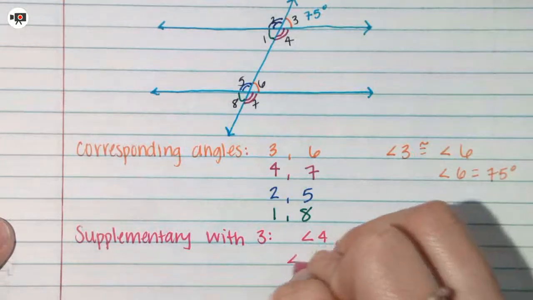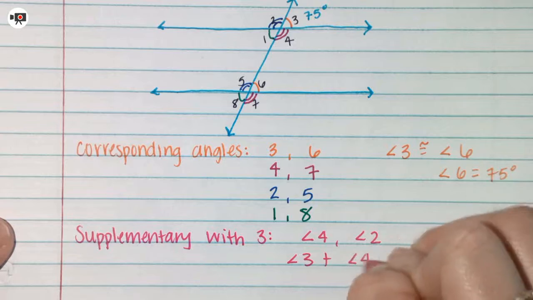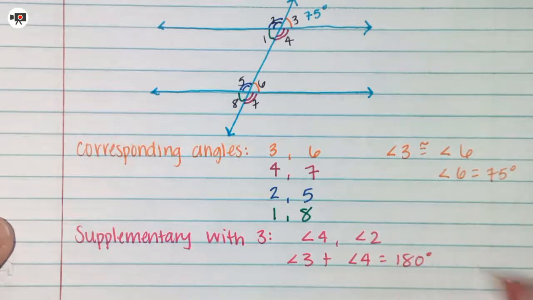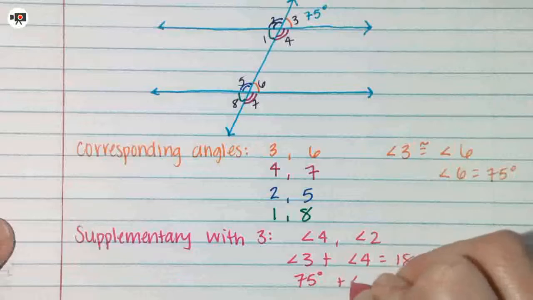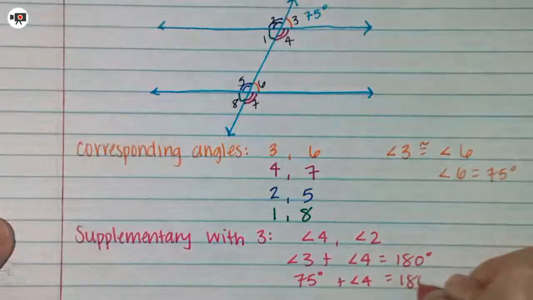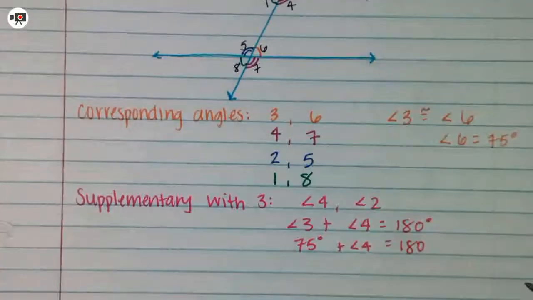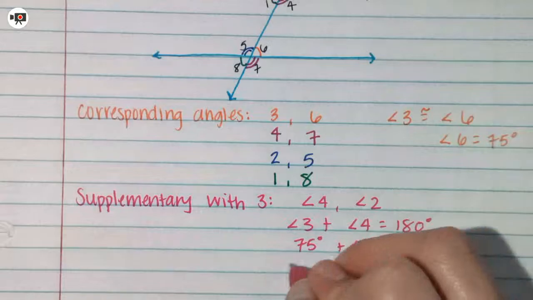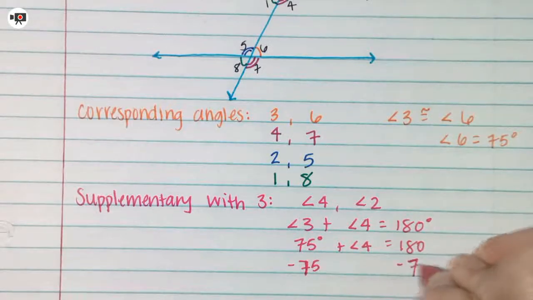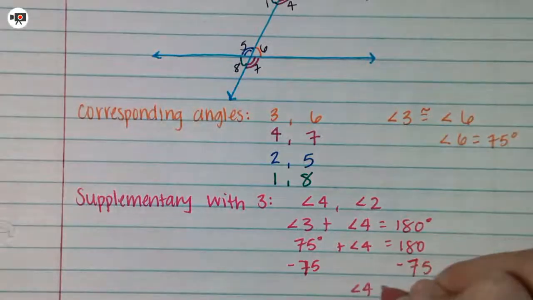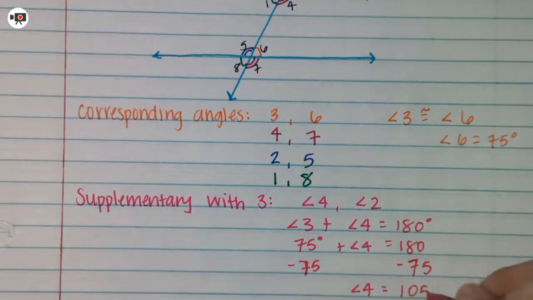So this means angle 3 plus angle 4 equals 180 degrees. Angle 3 is 75 degrees. We don't know angle 4, but it still equals 180. To solve for angle 4, subtract 75, and angle 4 equals 105 degrees.